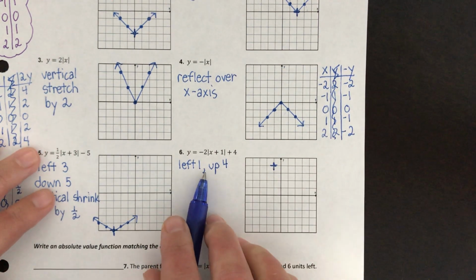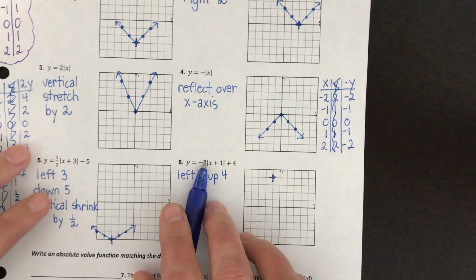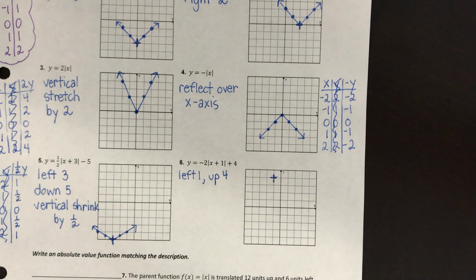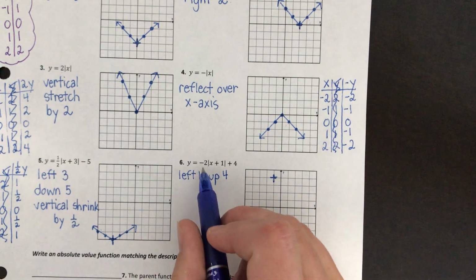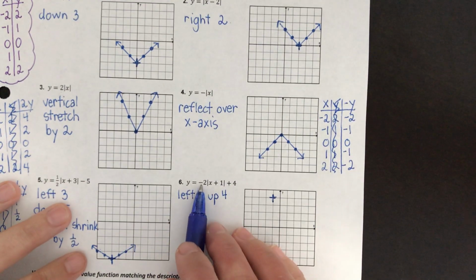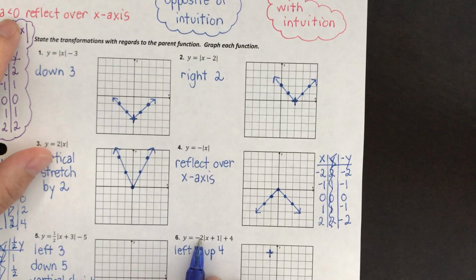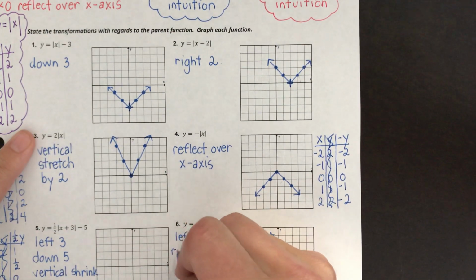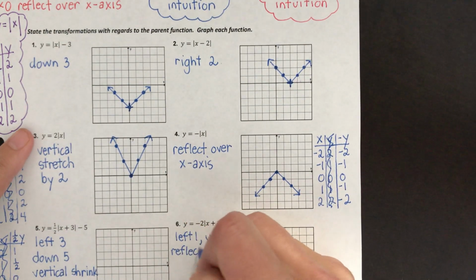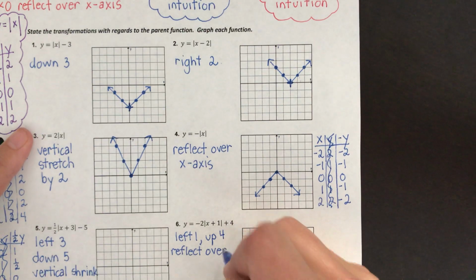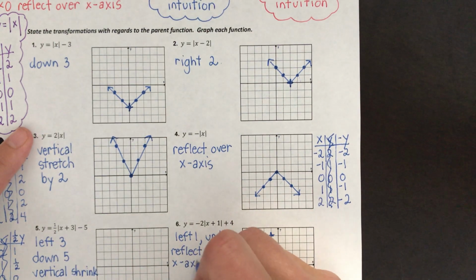Let's talk about this now. Oh, sorry, this right here. So that -2 is going to be 2 changes. Remember, if a is less than 0, we reflect over x. So we're going to say reflect over the x-axis.